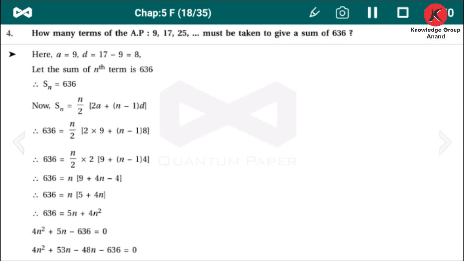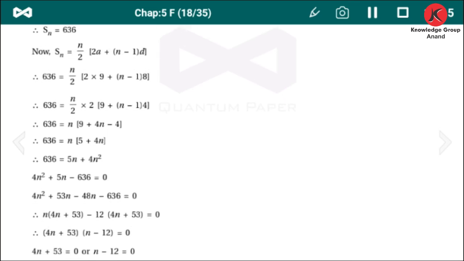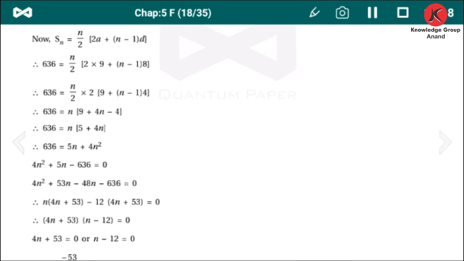636 is equal to n by 2 into, 2 is common, 9 plus n minus 1 into 4. The 2 cuts here. 636 is equal to n into 9 plus 4n minus 4. 9 minus 4 is equal to 5, plus 4n. 636 is equal to 5n plus 4n square.